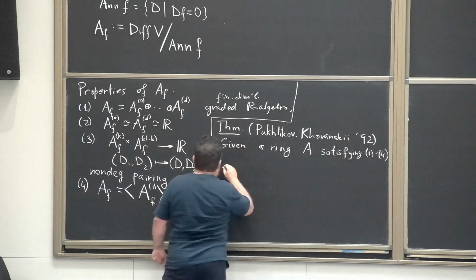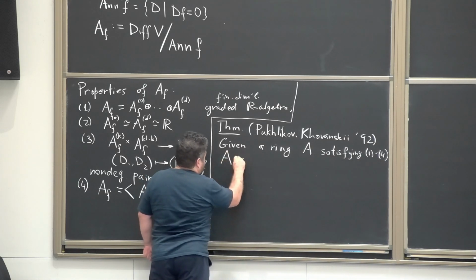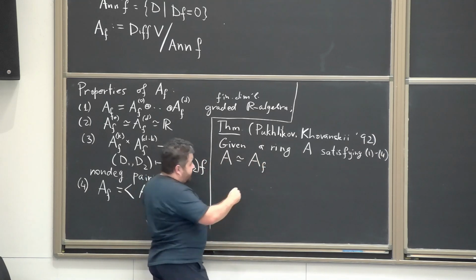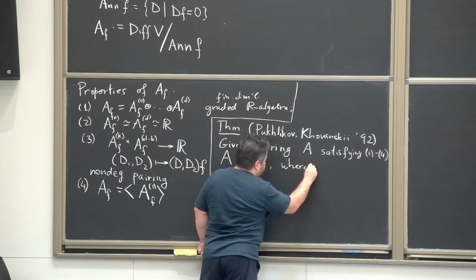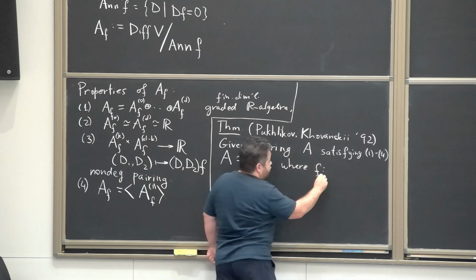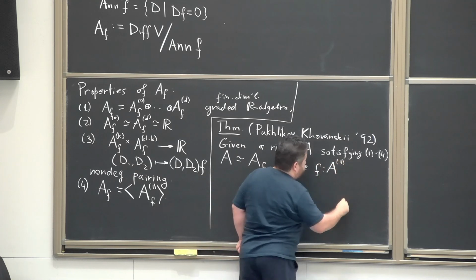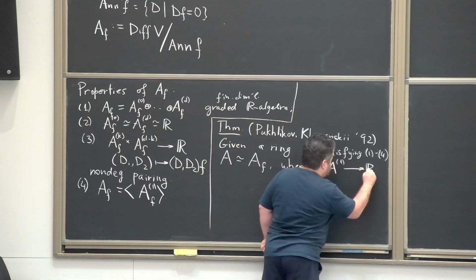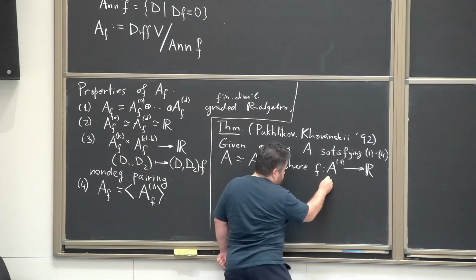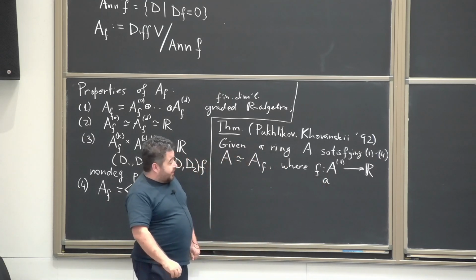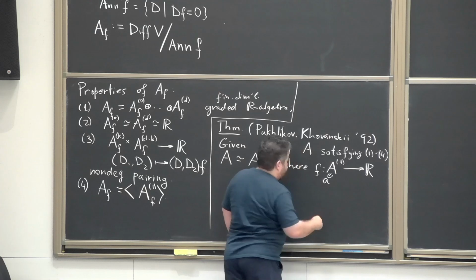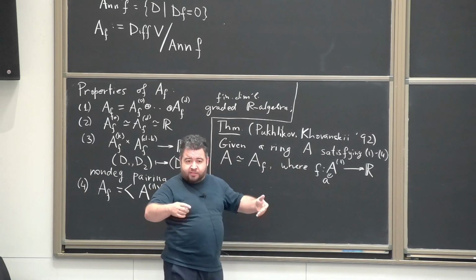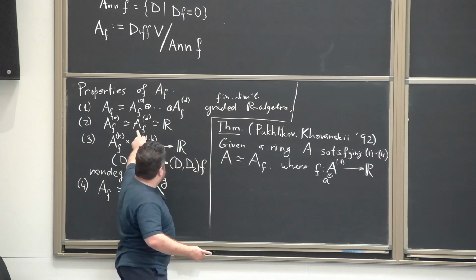So A is isomorphic to A_F, where F is the following map from A1 to R, where an element of degree 1, of grading 1, goes to its d-th power, its top power, and the top power is one-dimensional, right?